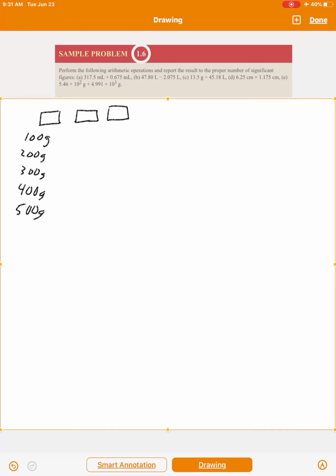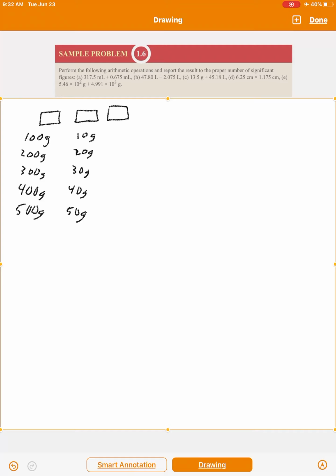It's either going to give me 100 or 200. But suppose I have another scale, and this one can measure things to tens. So it can tell the difference between 30 and 40. Now, it can't tell the difference between 30 and 33 or 30 and 35, but it can tell the difference between 30 and 40.